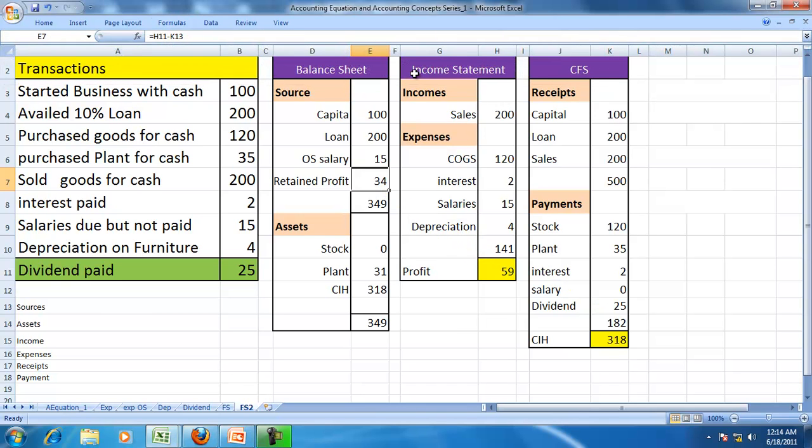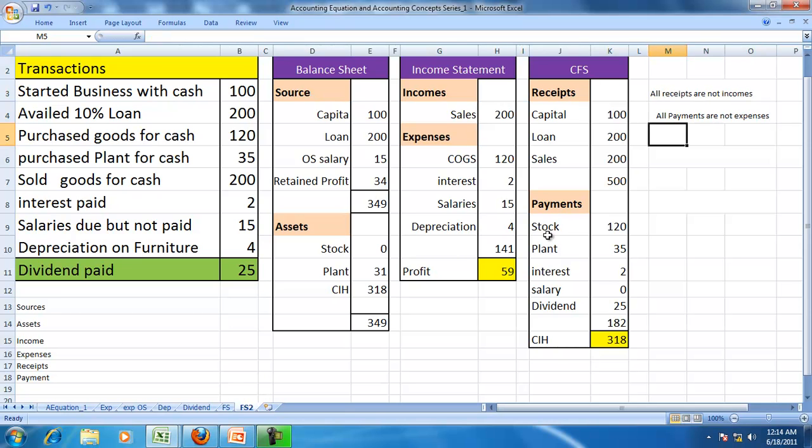We will not do the transactions to the accounting equation. We'll keep on converting the transactions into the balance sheet and income statement. Some learning: you can see that all receipts are not incomes. We have so many receipts, but only one of them is income. In the same manner, all payments are not expenses.